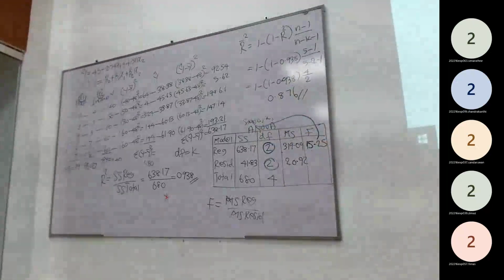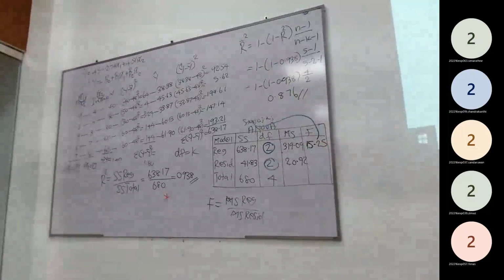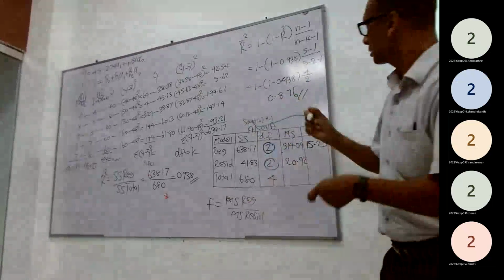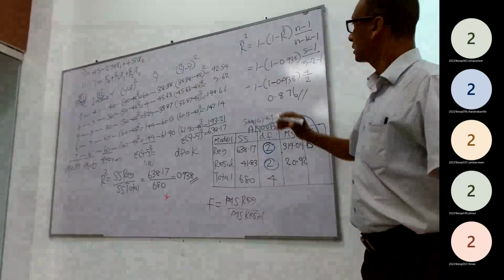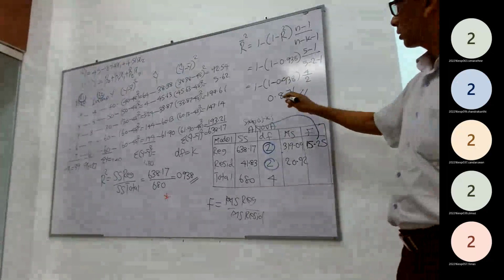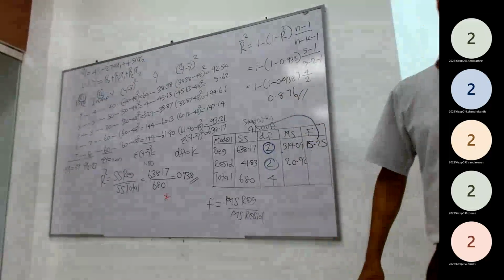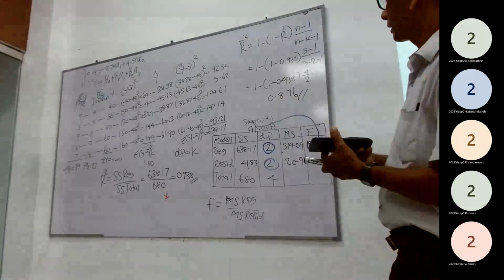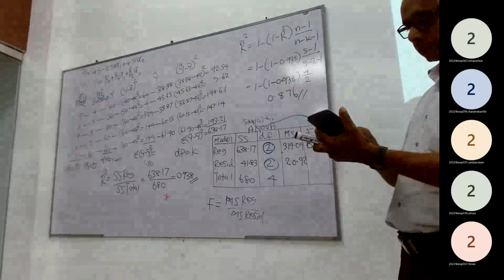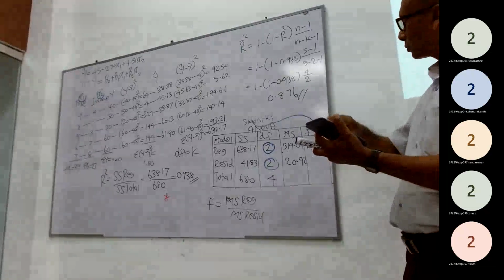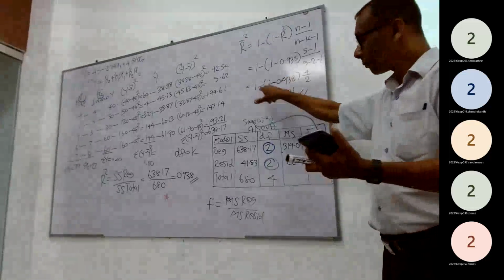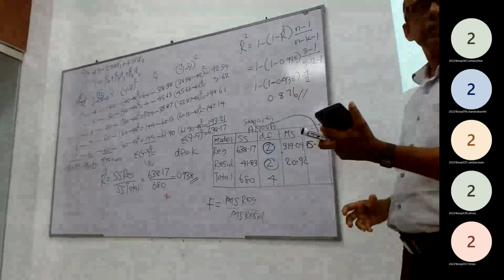According to R bar square: 1 minus 0.938, then that value multiplied by 4 over 2, which means 2. Then subtract the answer from 1. That is 0.876.